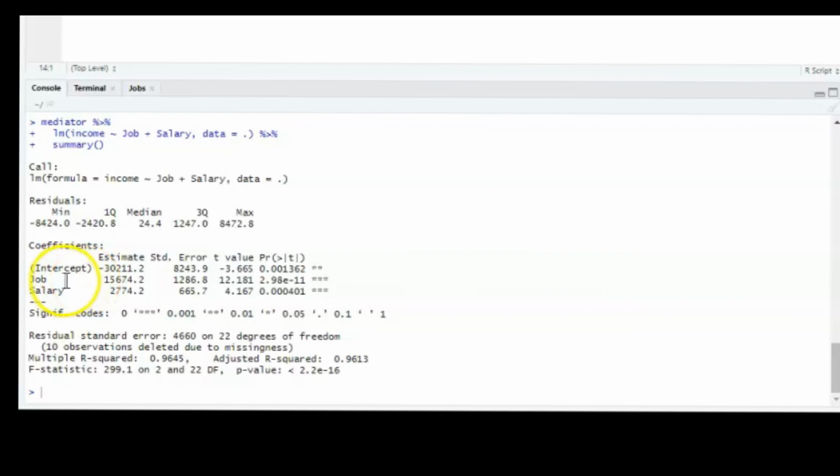So if your job level is 0 and your salary is 0, then your income is minus 30,211. And keep in mind, this is a theoretical, mathematical number. You can't have an income of minus 30,000, of course, but in this case you can, because it's just hypothetical. So the intercept is the level of the dependent, so of income, if the independents, so job and salary, are 0.